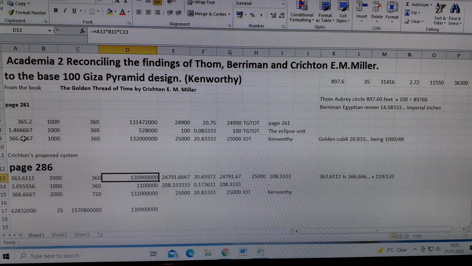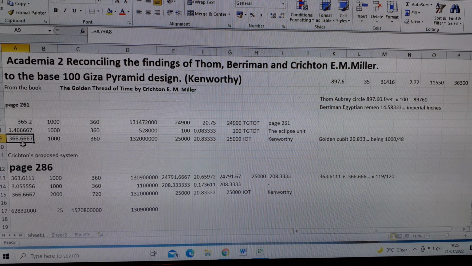And the way I've done it is I've taken what I suggest is the number of solar days in the base 100 Giza base, and I've divided it by 120 and multiplied it by 119.